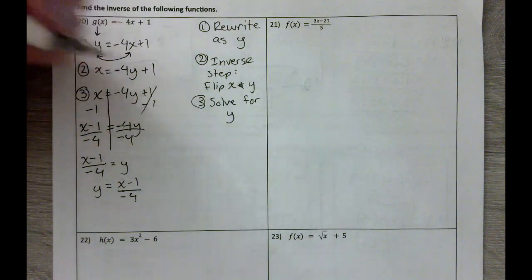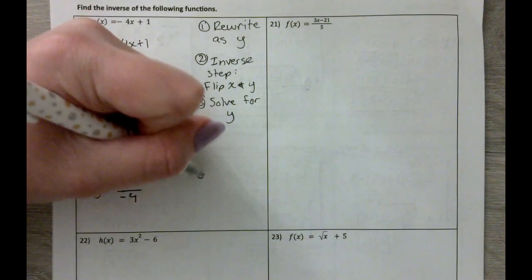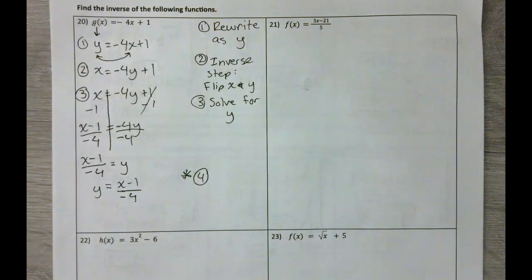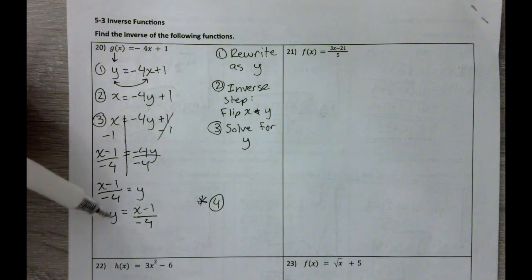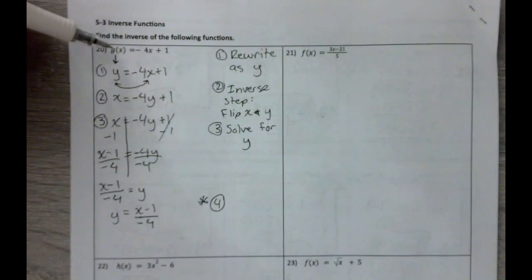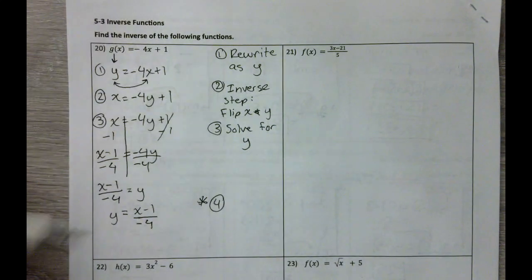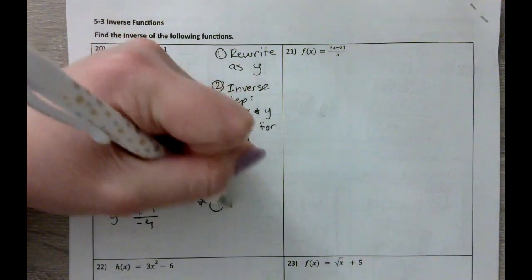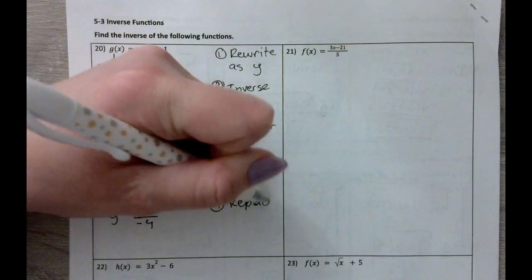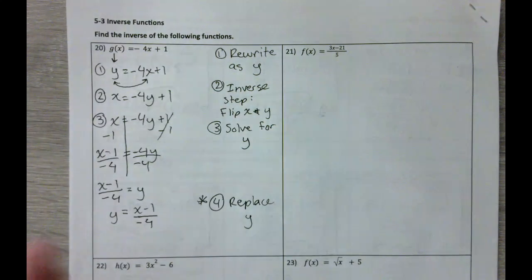Alright, last very important step, step 4. Look back at the top. Remember, we started with g, not y. So we need to end with g. So I'm going to replace y. Again, I'm going to leave this general because the letter is going to change for each problem.